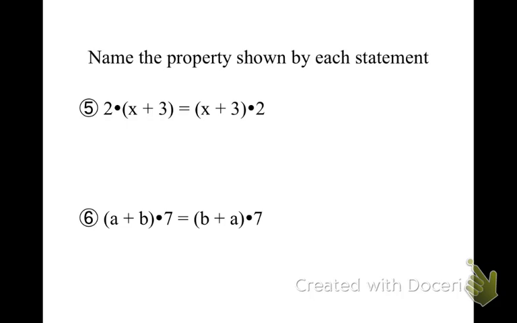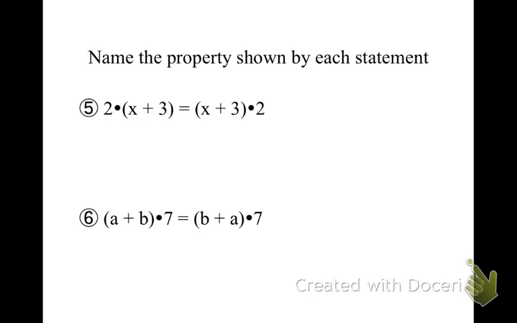Final two examples. This is where you really have to show that you know your stuff because there is multiplication and addition in both of these examples. So the first thing I'm going to do is look at the order. I said that, if it's commutative, it will change order. And I see grouping symbols, so right away I want to think associative. However, if I look at what's in the grouping symbols, x plus 3, it's x plus 3 on both sides. So I can rule out the associative because it's grouped with the same two terms.